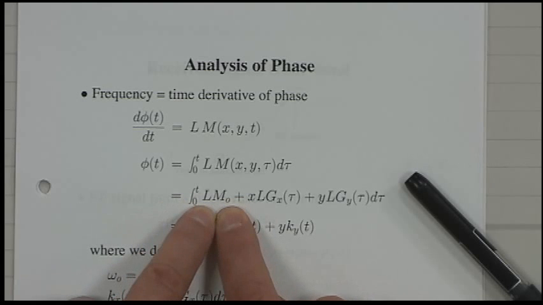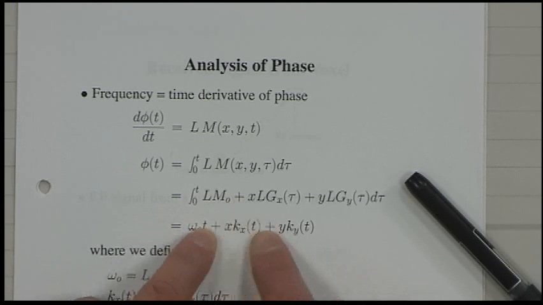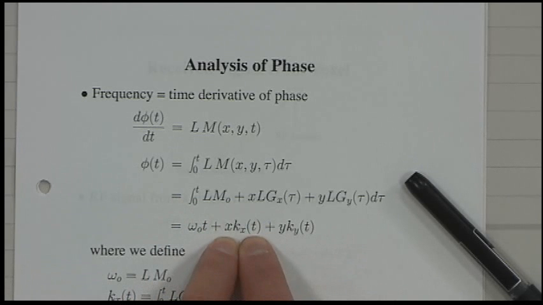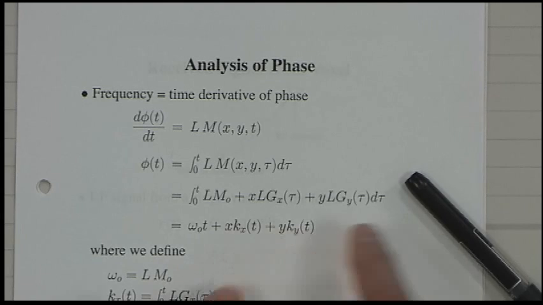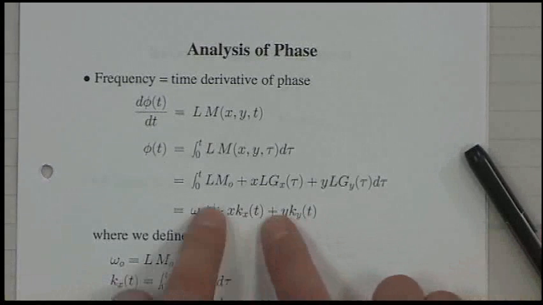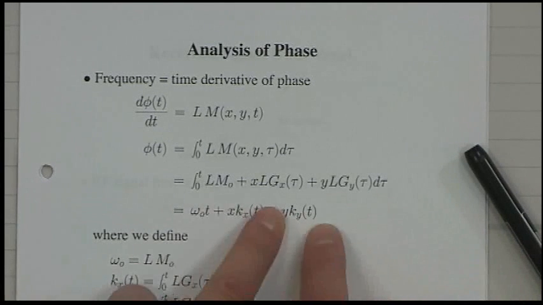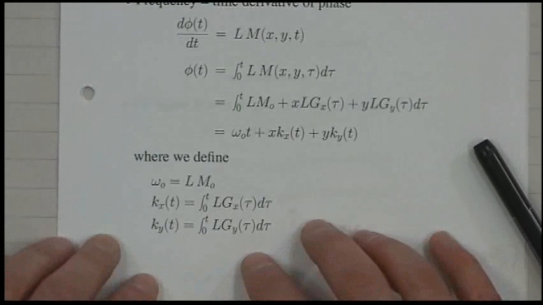This term also should include the offset in magnetic field due to the fact that you're using a Z gradient, okay? Then you're going to have a gradient in X and a gradient in Y, okay? And now Kx and Ky are given by these two expressions.